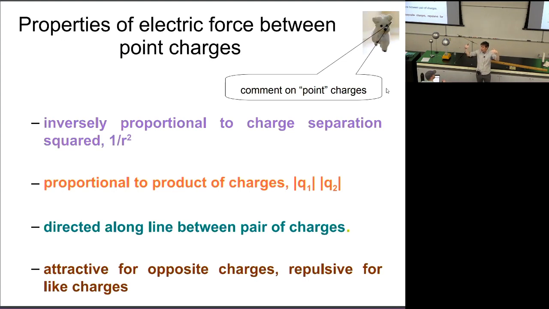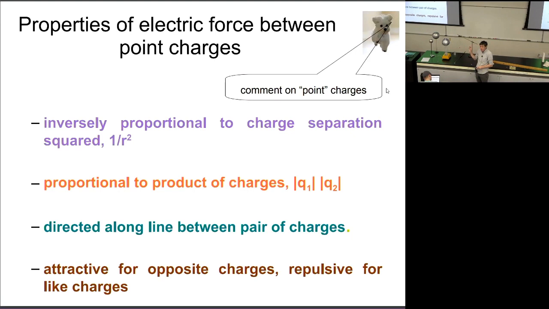Because there's two, imagine a line between the two charges. There's two directions along that line. There's one towards the other charge, there's one away from the other charge, and one corresponds to attraction and one corresponds to repulsion. So these are all the ingredients in Coulomb's law that Coulomb mapped out with his torsion balance.